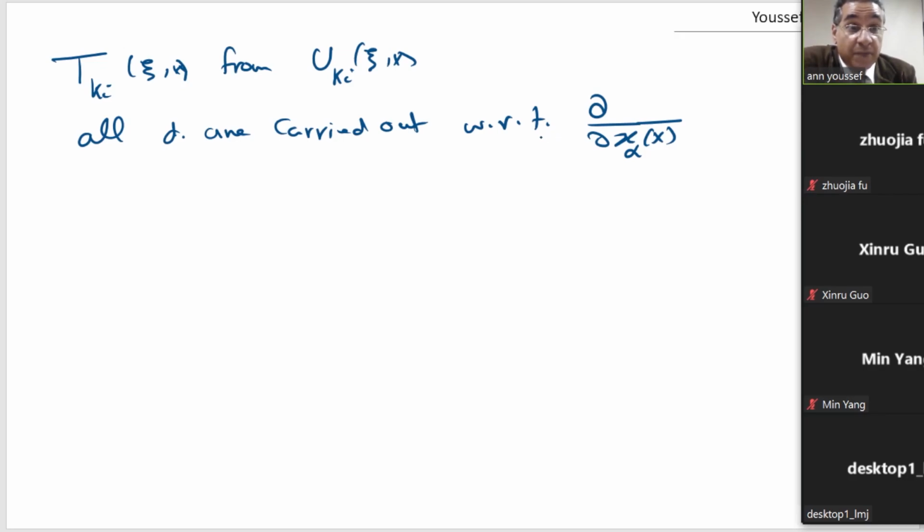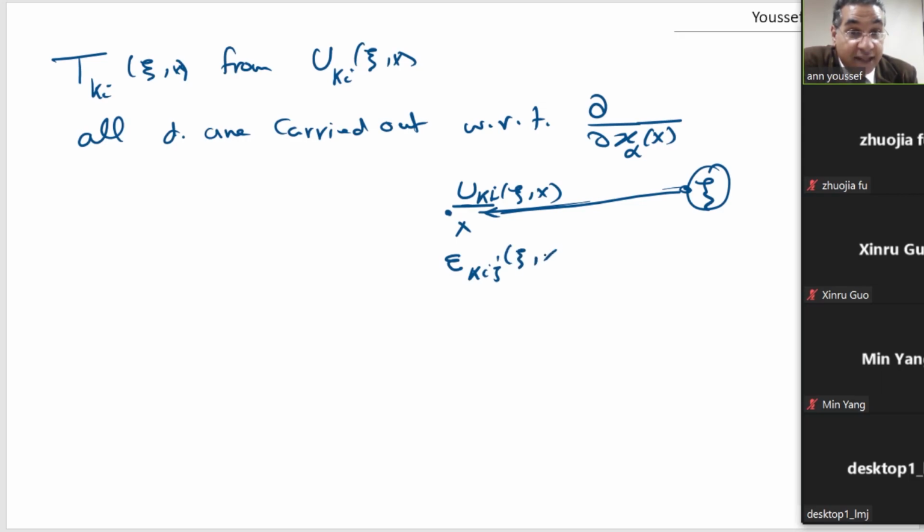This is mainly because we compute the displacement at point x. For example, we say U_ki of xi and x, and this point is x. This displacement is really due to a load at xi, but we compute the displacement at x, and we want to compute the strain epsilon_kij at x, and the stress sigma_kij of xi and x at the x point.